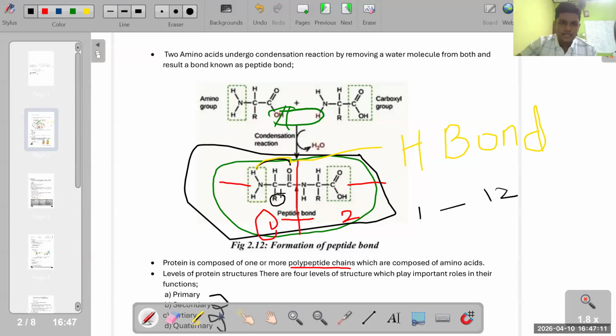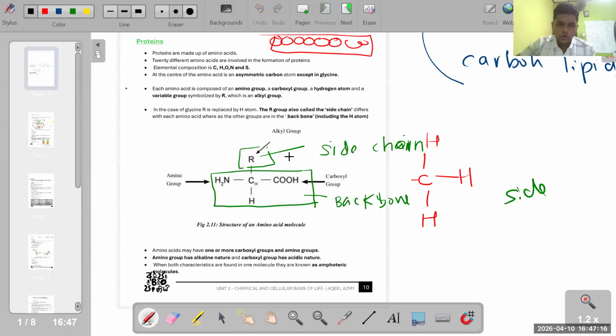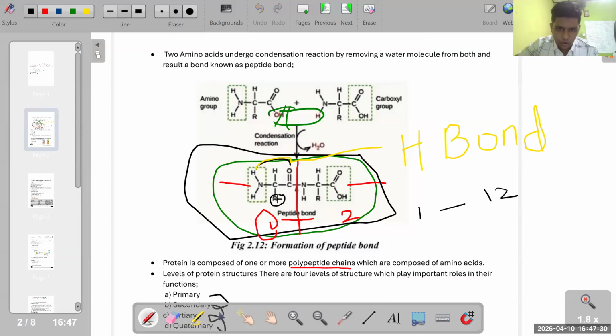For side chain, see here. I'll go back to the diagram. Side chain is always R. All others except for that side chain are called backbone. So the amino group belongs to the backbone, R group, right? Except for this R, all others are called by a common name, backbone. Now tell me, where has the bond formed?